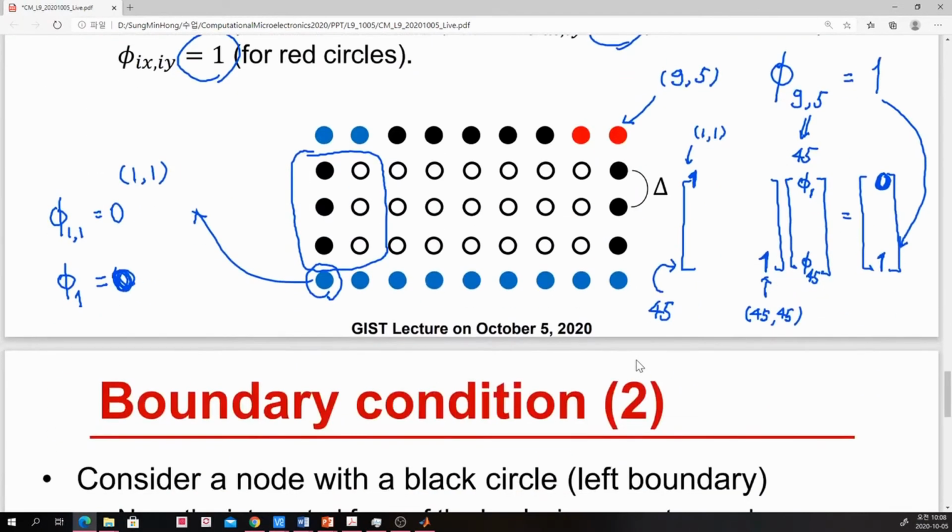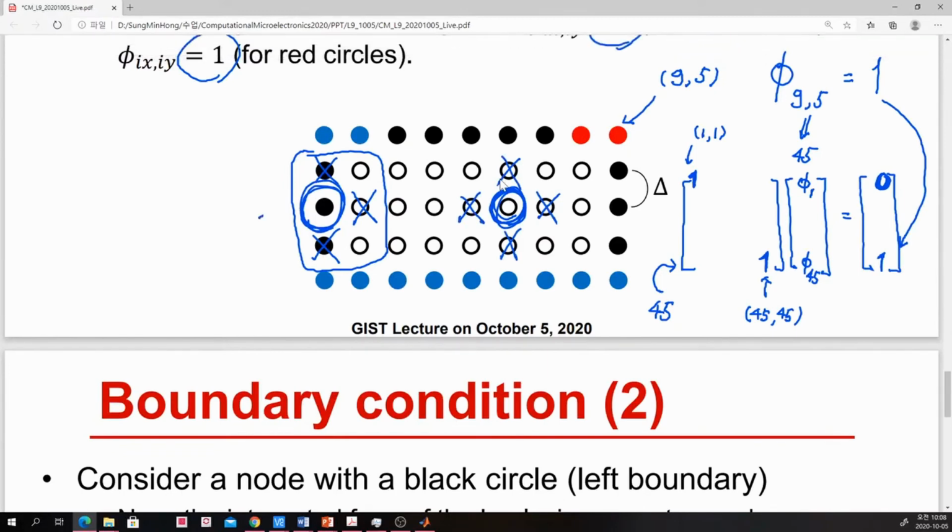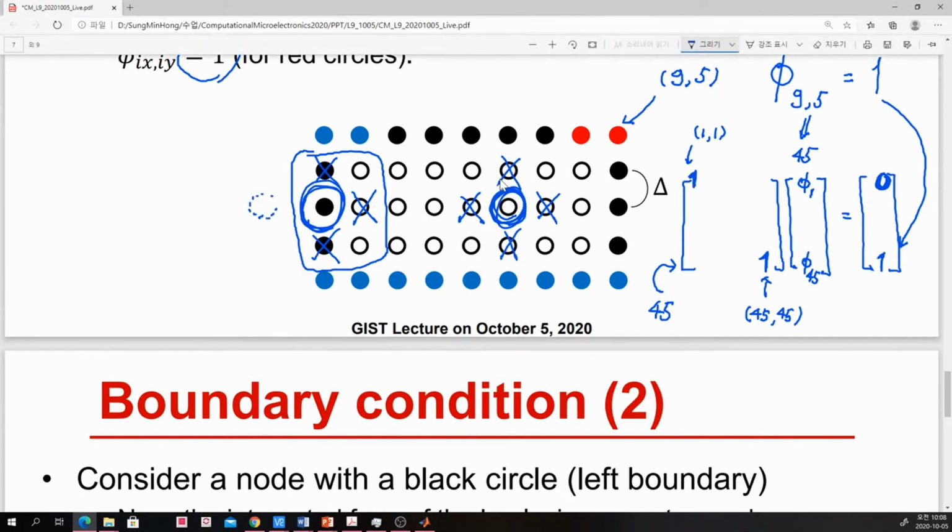If we are considering the center node here, it has the surrounding nodes 1, 2, 3. For a bulk node, if we are talking about this node, then we have 1, 2, 3, 4 surrounding nodes. However, we now have a missing node here. So that is the point.